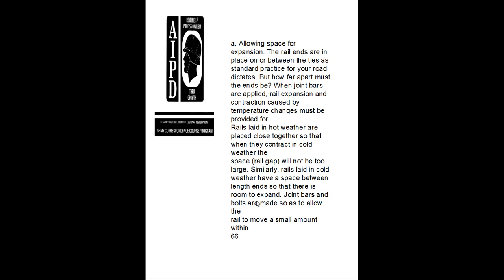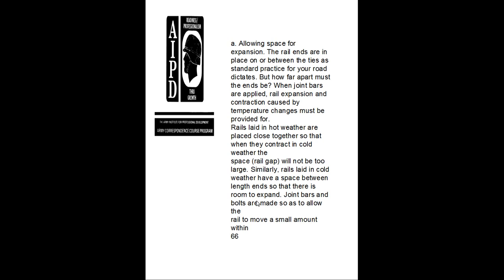When the joint bars are applied, the expansion and contraction of the rail due to temperature changes must be provided for. Rails laid in hot weather are placed close together so that when they contract in cold weather the gap will not be too large. Similarly, rail laid in cold weather has space between the lengths so that there is room to expand.